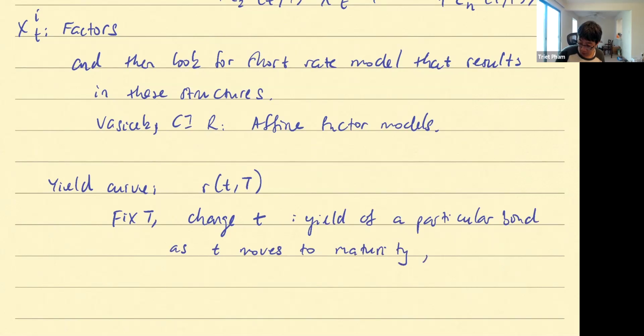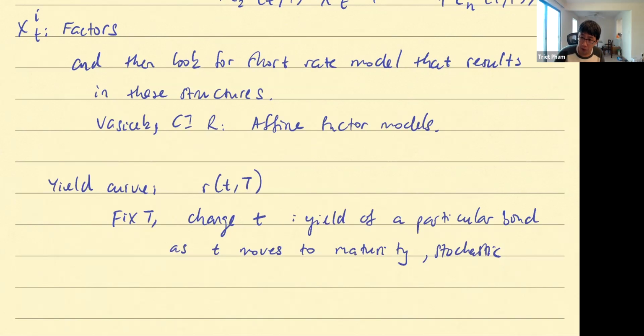And typically this move is stochastic, meaning it's fluctuating a lot, the yield of the bond. Interesting, but more academic, meaning people know that the yield moves randomly.